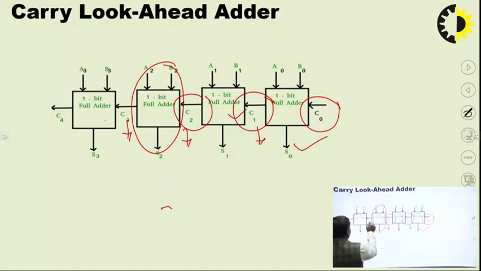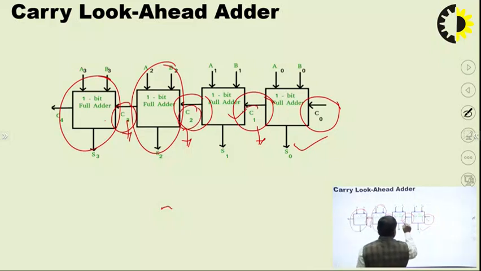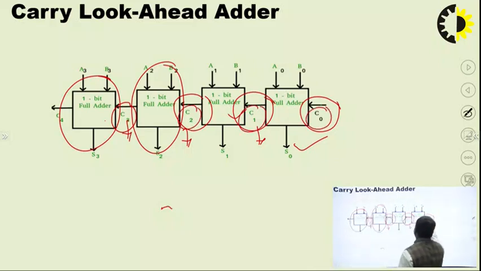Similarly, we find the value of C3 directly, by which we can remove the carry propagation delay of this full adder. Then how can we find the value of C3? The value of C3 depends upon the value of C2, C1 and C0.